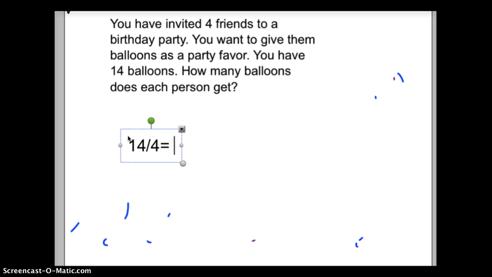And they will know that 4 can go into 14 at least 3 times, and then that leaves 2 left over, and how do we share 2? That would be half of each. And so that's a more advanced way of getting to that answer quickly, and hopefully, as we gain more understanding with fractions, we don't have to draw as many pictures, and we can work through these quicker.